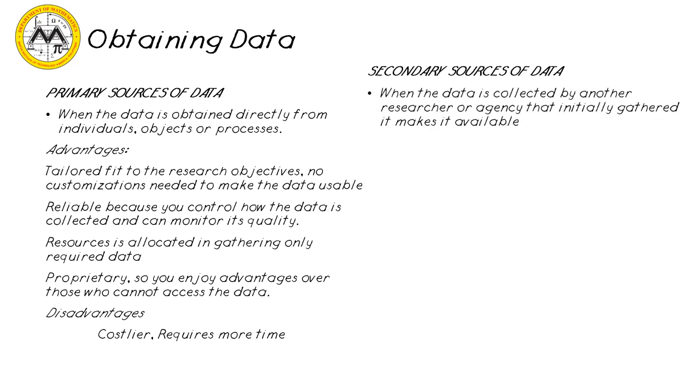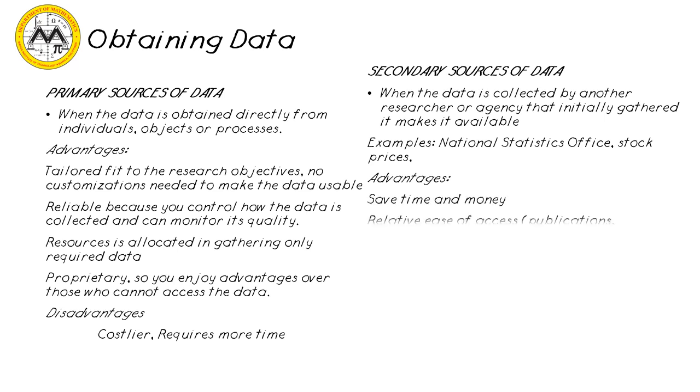So, secondary sources of data happens when the data is collected by another researcher or agency that initially gathered to make it available. So, the advantage would be saving time and money and relative ease of access.